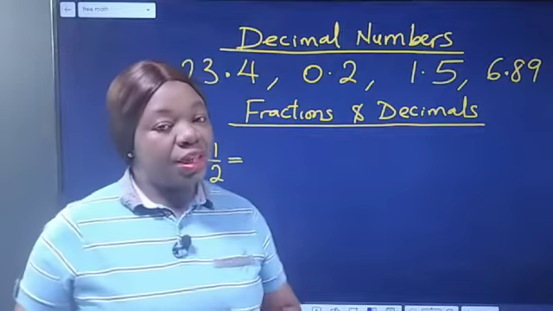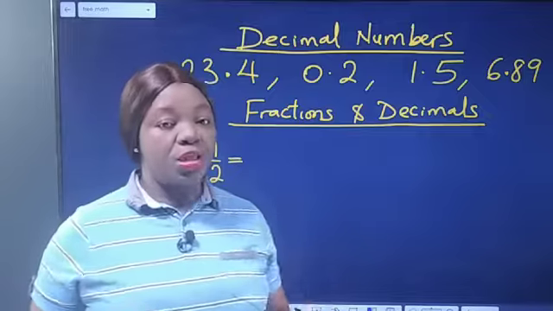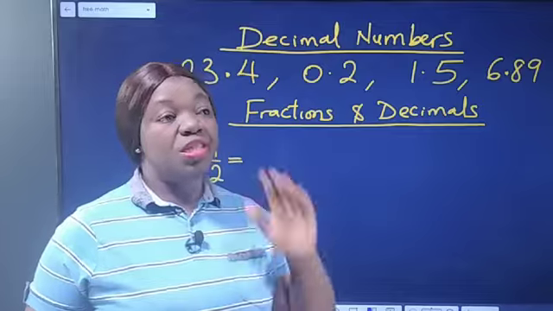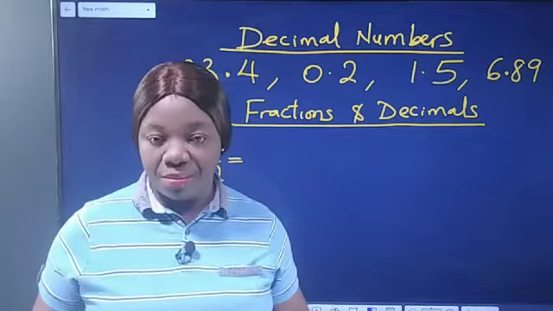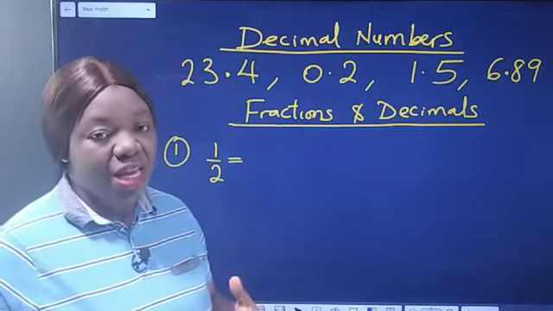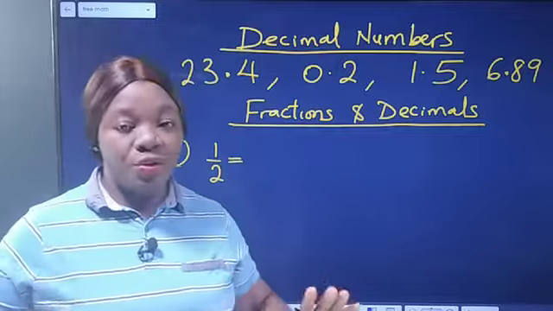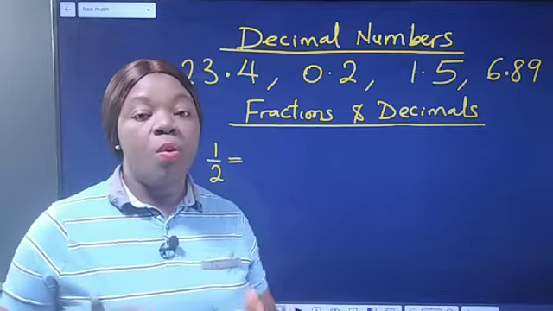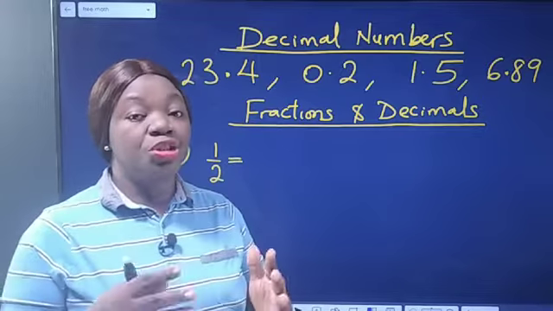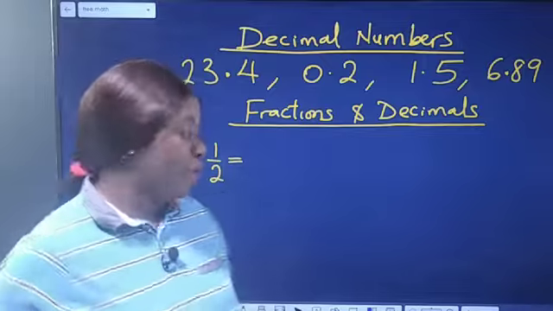Now let's talk about fractions and decimals. There is a relationship between fractions and decimals. And there are some decimals that you should know. When you see their fractions, you should know their decimals. Now, 1 over 2, popularly known as half, is 0.5 in decimal. Just take note, anytime you see 1 over 2, that half is 0.5, okay?